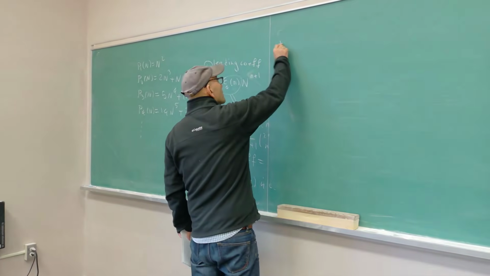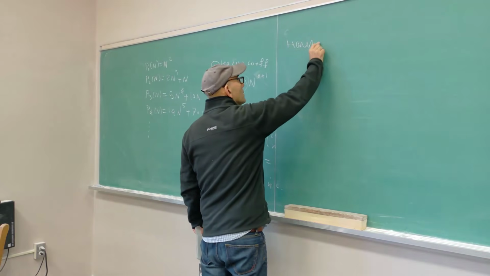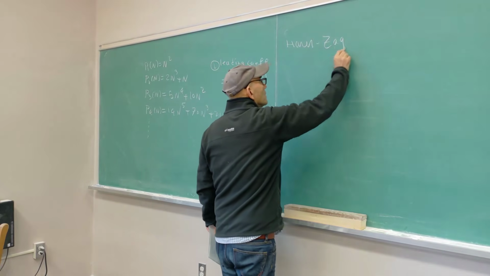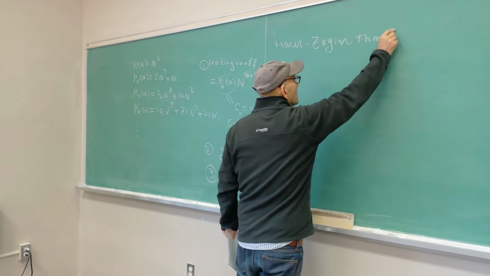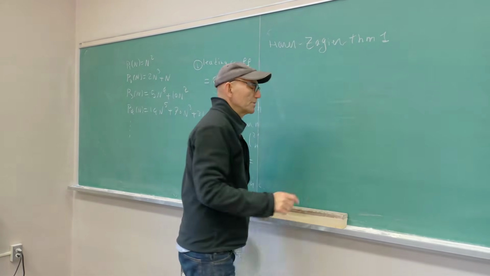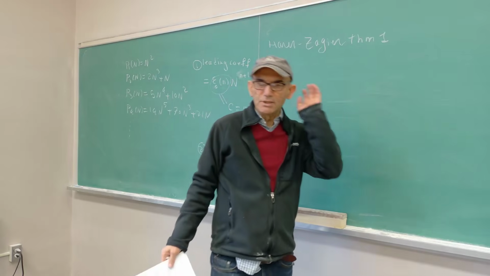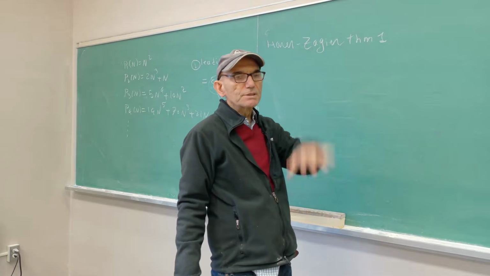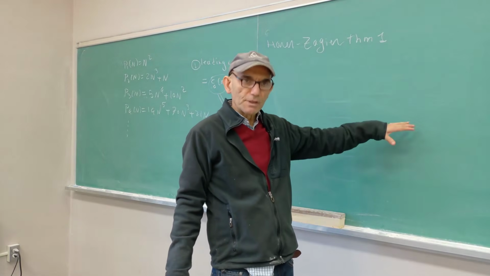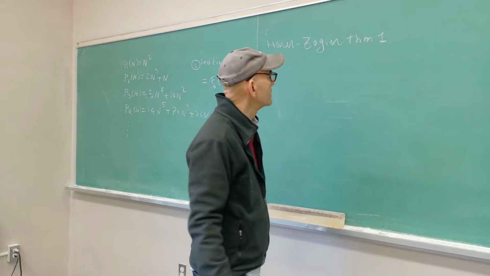I call it theorem one. I don't think in the literature it's named like that. It's called the Harer-Zagier theorem. But I want to distinguish it from another theorem that we will prove in a couple of weeks.